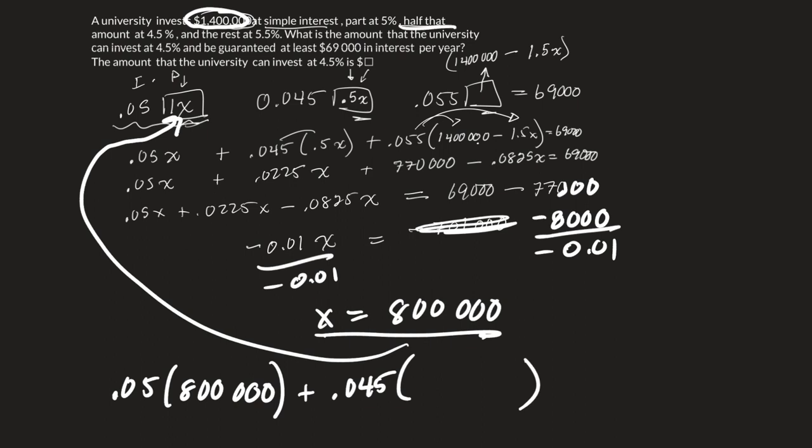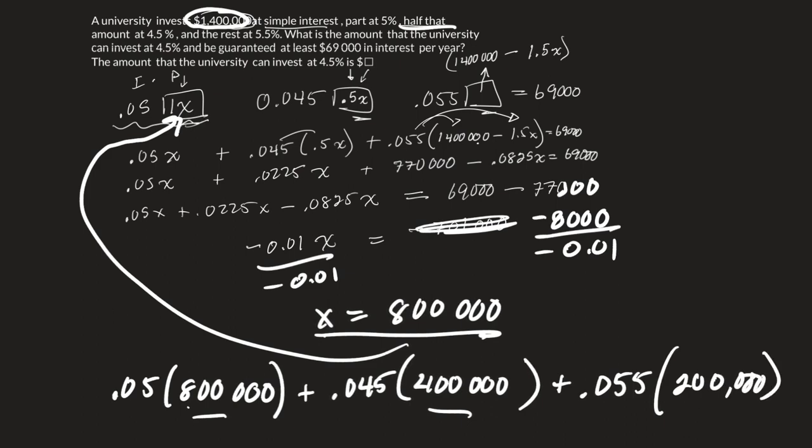Half of 800,000 would be 400,000. And then at 5.5%, this would be 1,400,000 minus these two. That's 1.2 million, so it'd be 200,000, I think. You can do the subtracting and see if that comes out.